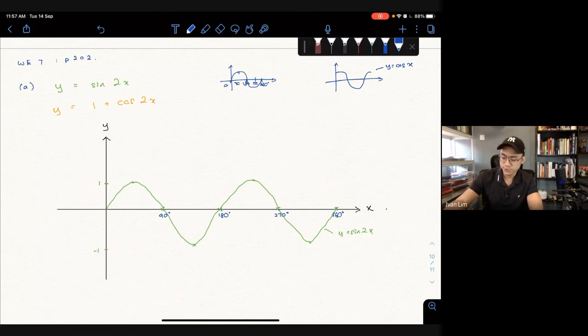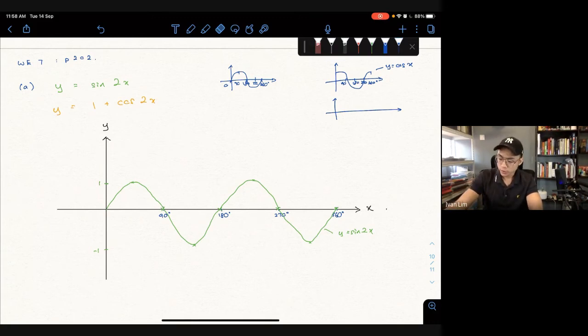So now what you want to do, you get the main points: 180, 90, 270, 360. Now cos 2x means I want to fit 2 cycles of the cos graph within 360 degrees, right?